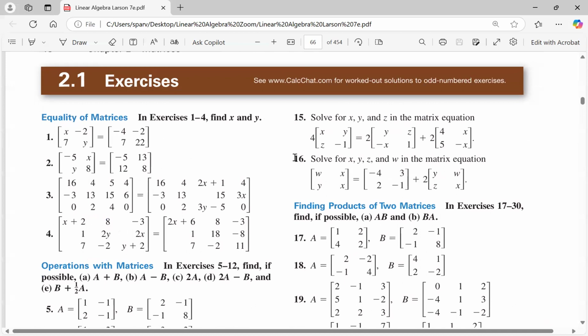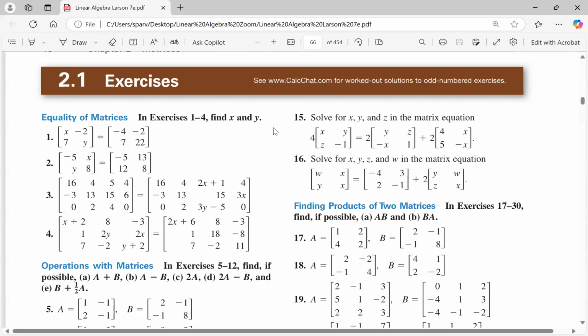I'm going to write it down, and then we'll work this together. So we are in section 2.1, and this is exercise number 16. It says solve for x, y, z, and w. So we have the matrix w, x, y, x, and notice that the z is on the other side.